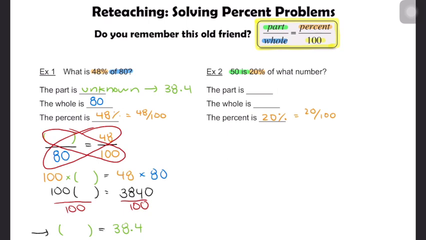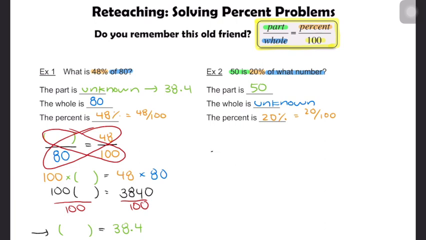So 50 is going to be our part, which leaves us, and just like we had in our last problem, when we're around the word of, we're talking about a whole. So of what number? Well, we don't know what that number is, but it is our unknown. And that's what we're going to be solving for in this problem. Okay? So let's go ahead and set up our proportion.